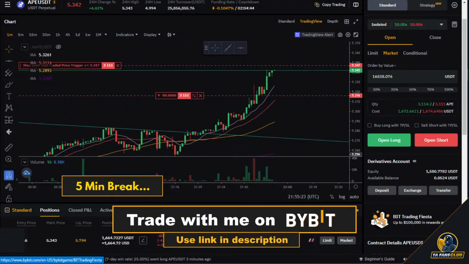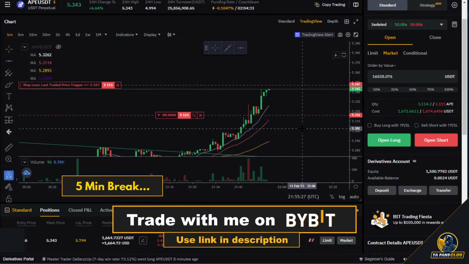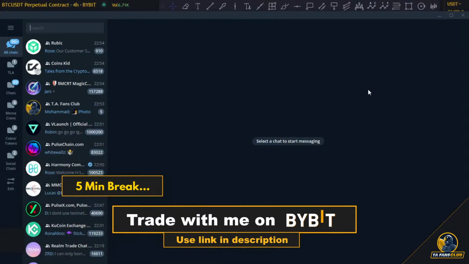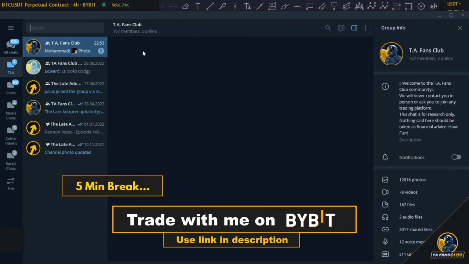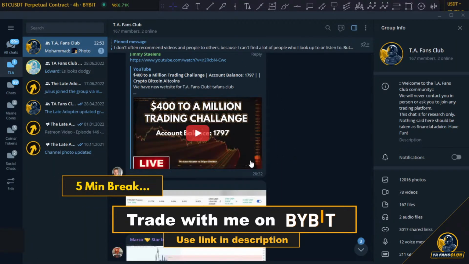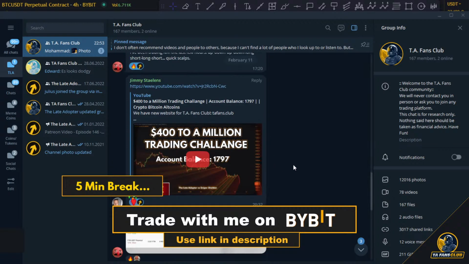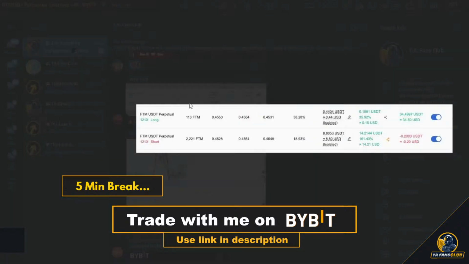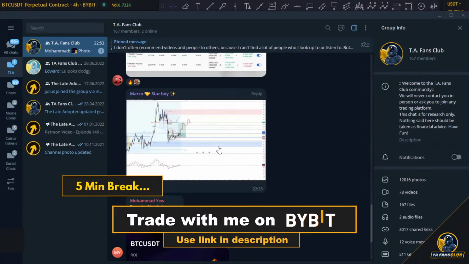Show some closed profits on the group. Wow, there is literally no stopping this thing over here, man. Phantom, 35% profit, nice, very nice. 161% profit, very nice.